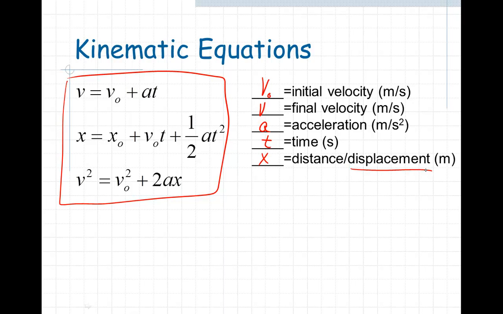Really, it's a displacement. Notice the one thing we didn't include was this x initial. Now, most of the time, x initial equals 0 if we're assuming we're starting at an initial position of 0. Okay, but you need to check the problem to see whether the initial position really is 0. Most of the time it will be.